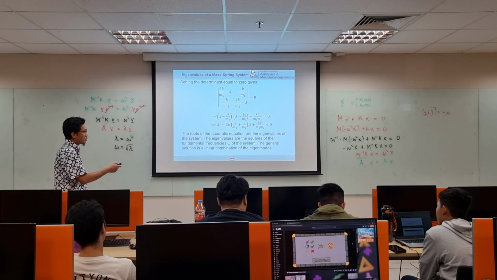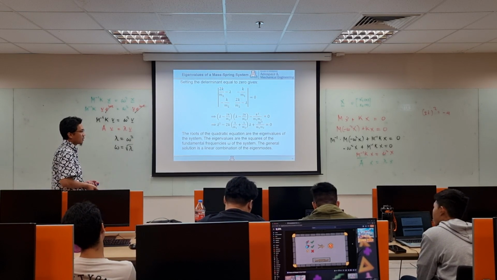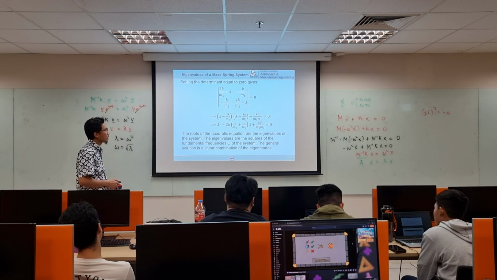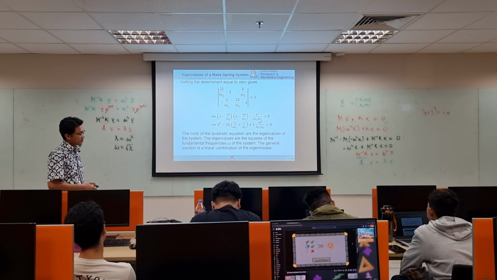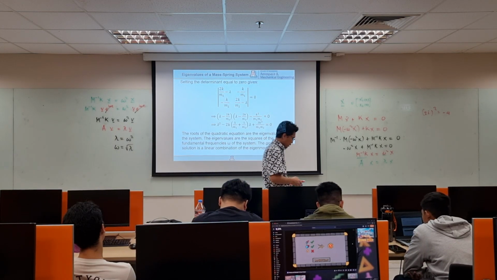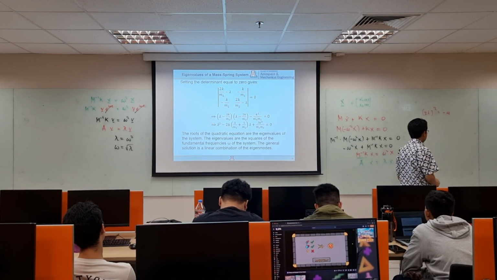Let us finish this one first, and then we can get into a different type of problem. Okay, so for example, of course, I want to give you this example.